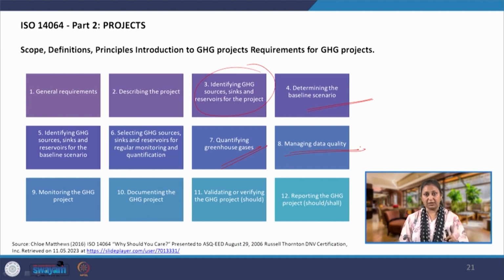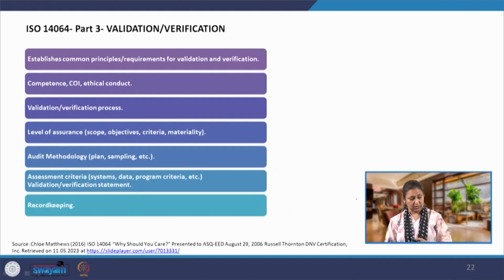Not in part 2, but in part 3 we are specifically talking about validation and verification mechanisms. How will we verify and validate has to be reported here, because this is where we are actually reporting the entire project. And finally, reporting the GHG project if the company decides to disclose the emissions.